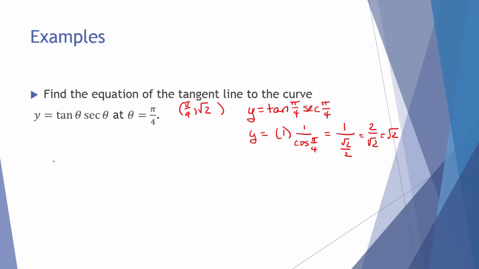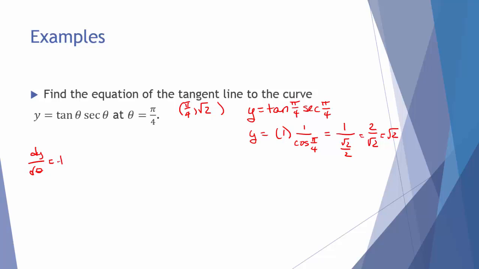So that's my point. Now what I need is the slope of the tangent line, and this is where the derivative is going to come in. When I find this derivative, dy d theta, the derivative of y with respect to theta, it's going to be a product rule because I see a multiplication between tangent theta and secant theta.